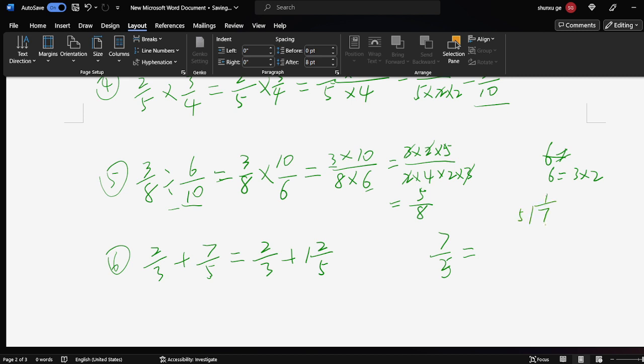We get 1 times 5 is 5. 7 minus 5 is equal to 2. Okay, so this equals 1 with 2/5. Okay, so we can write 2/3 plus 1 plus 2/5.